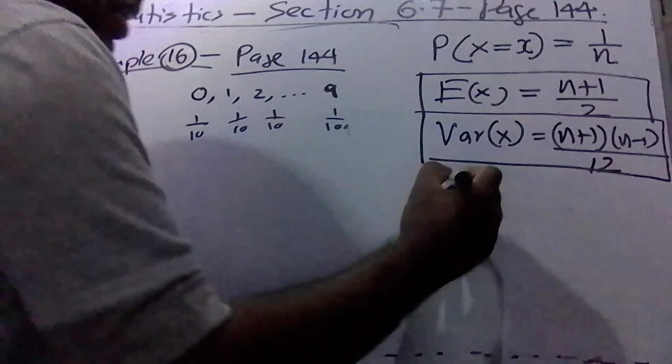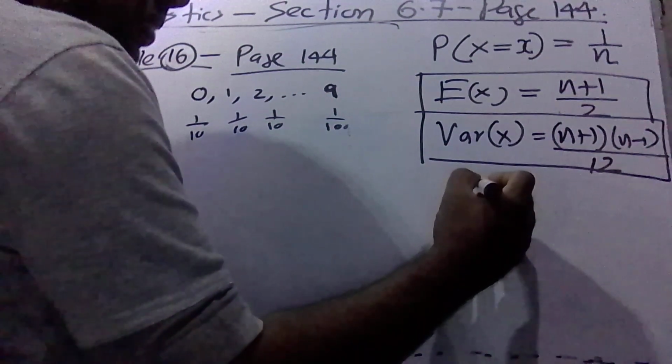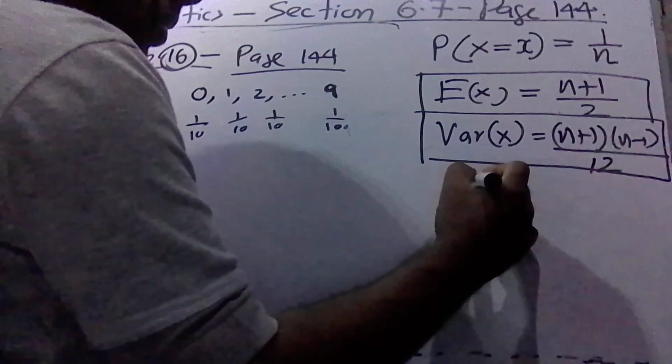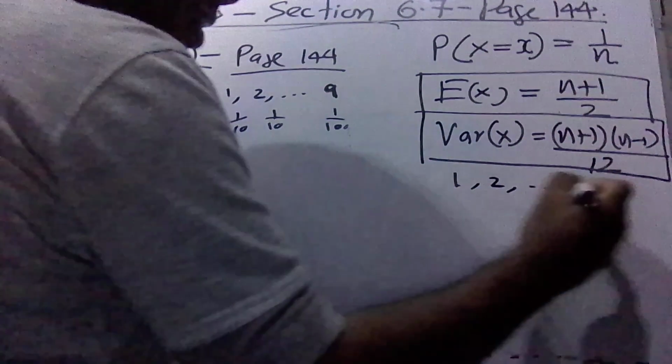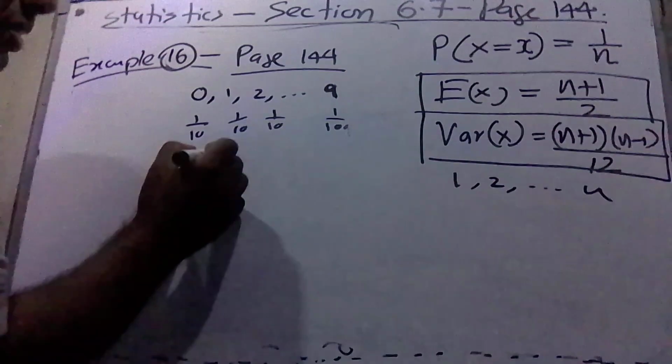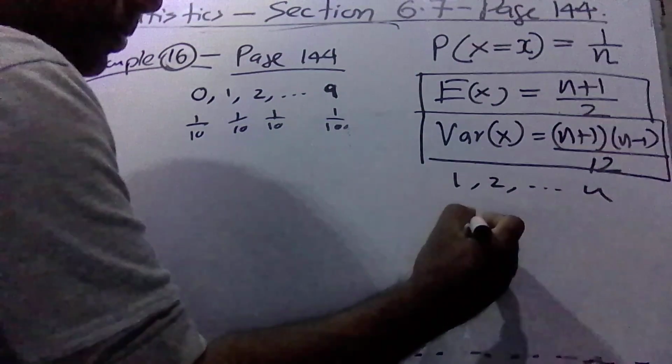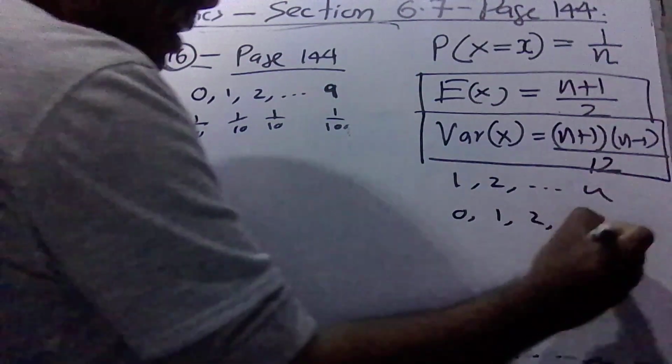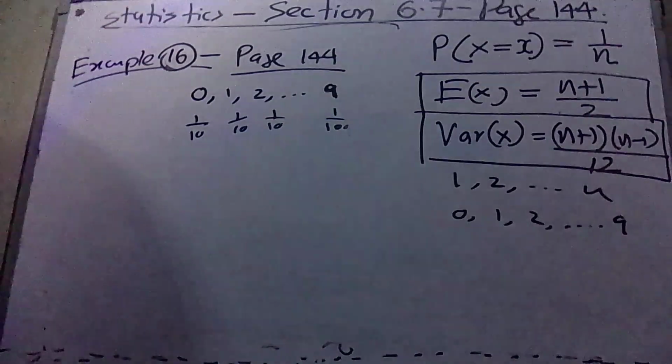This equation is valid for 1, 2, and up to n. But here what we have is 0, 1, 2 and up to 9. So we have to do a little alteration.